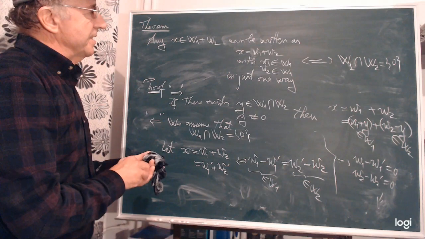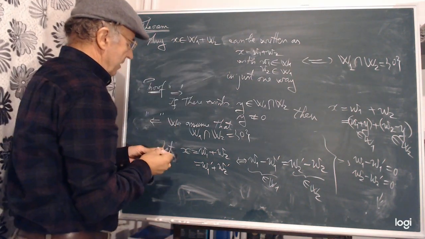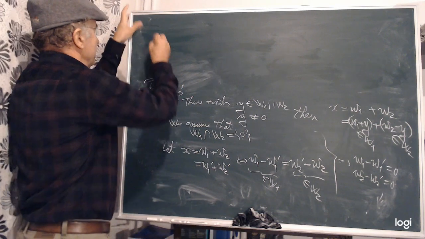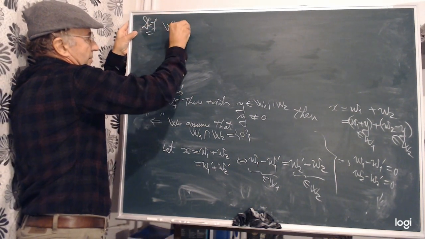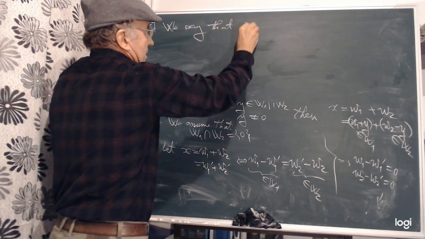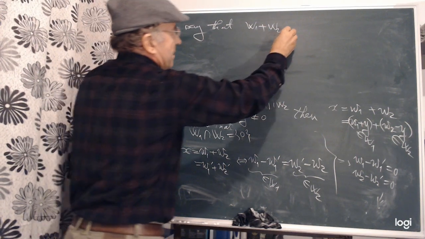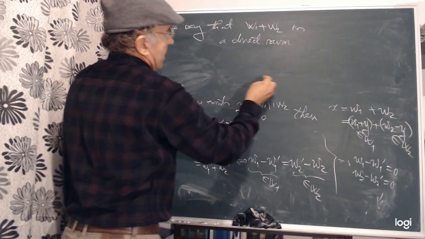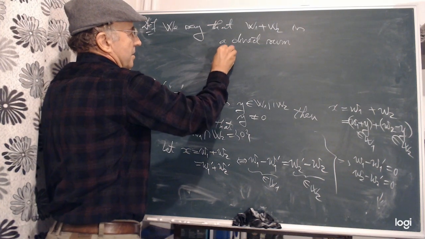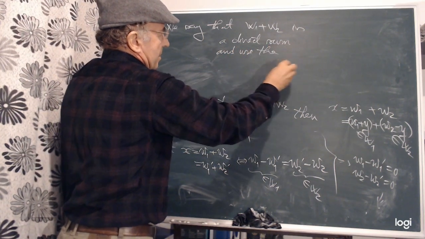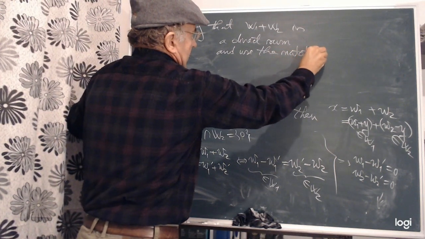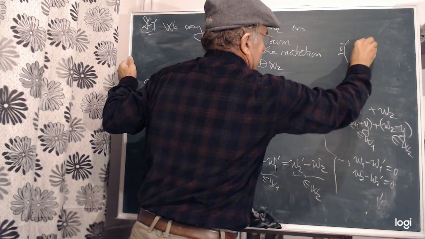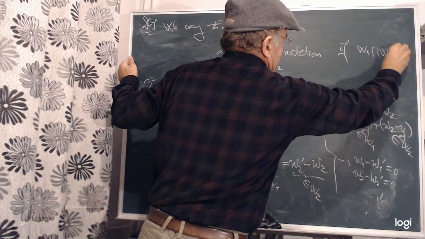In this case, we say, definition: we say that W1 plus W2 is a direct sum, and use the notation W1 direct sum W2, if the intersection of the two subspaces is the null space.